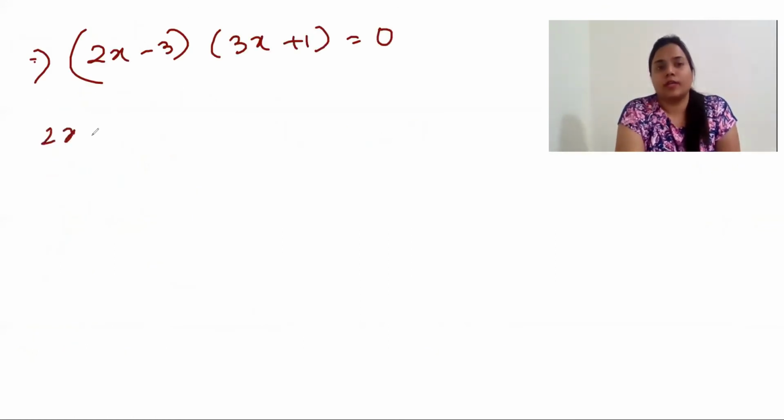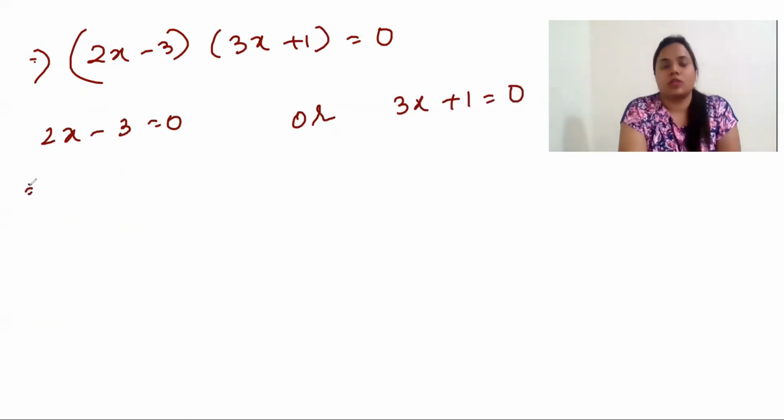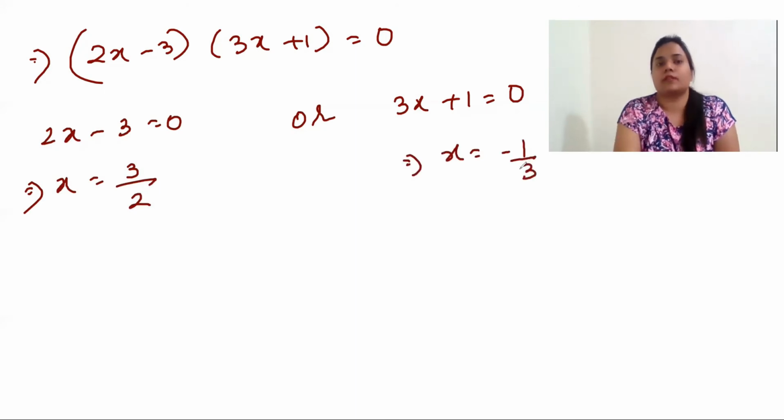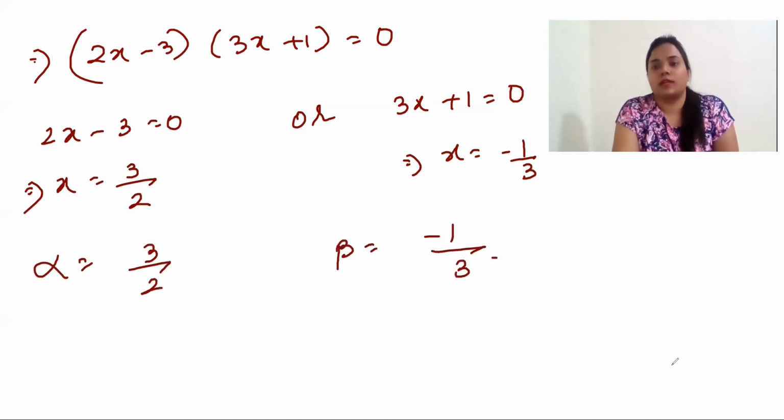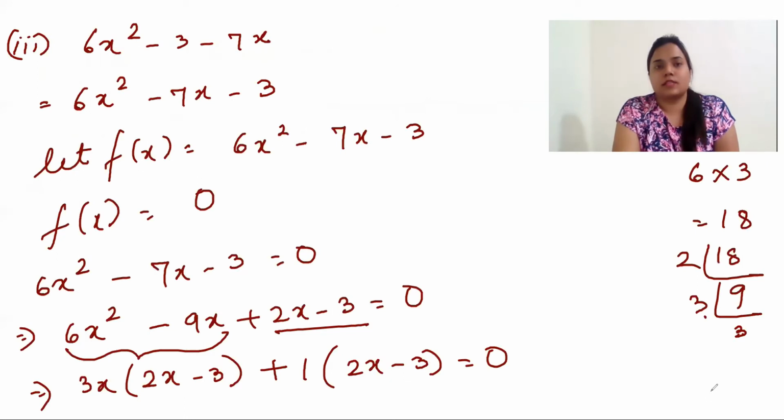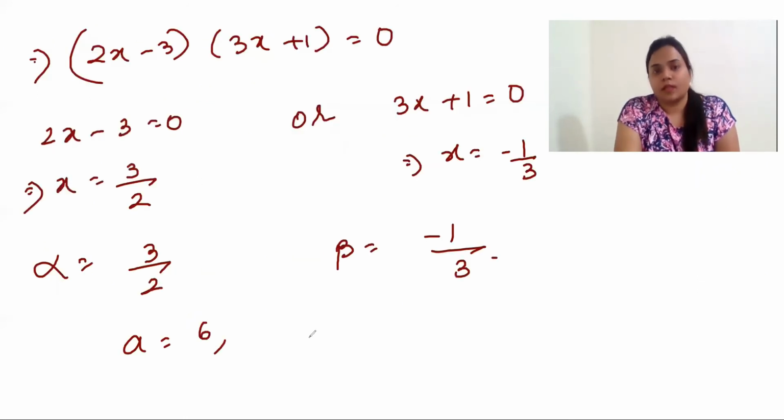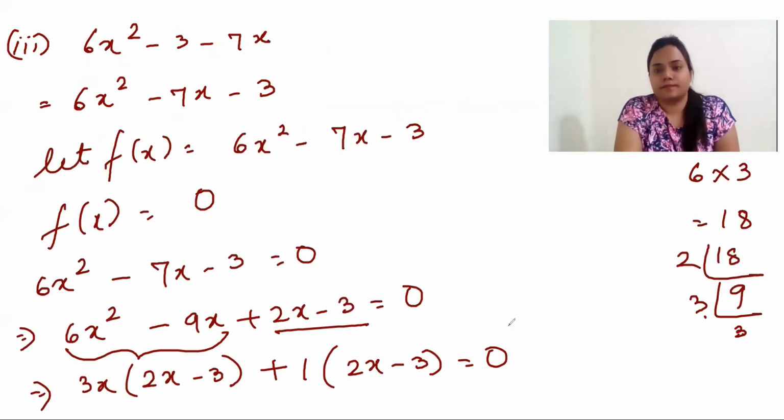Again, either 2x minus 3 is equal to 0 or 3x plus 1 is equal to 0. This means x is equal to 3 by 2 and this means x is equal to minus 1 by 3. Hence our alpha is 3 by 2 and beta is minus 1 by 3. And a is 6, b is minus 7 and c is minus 3.